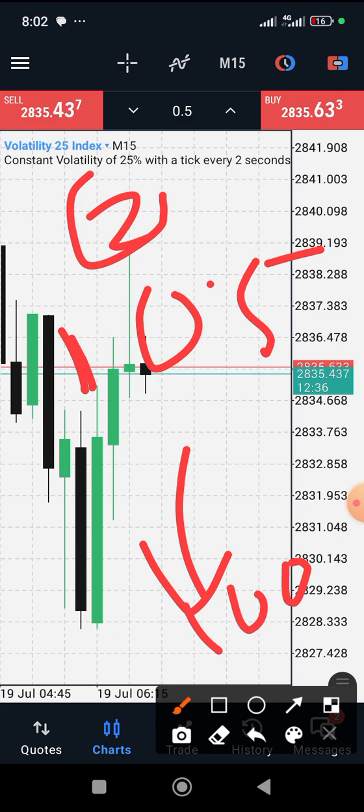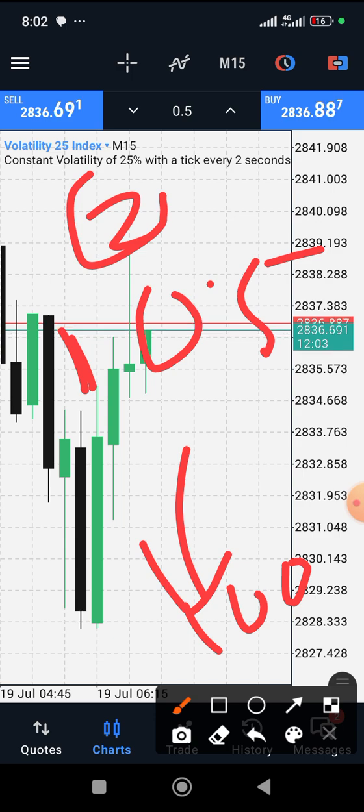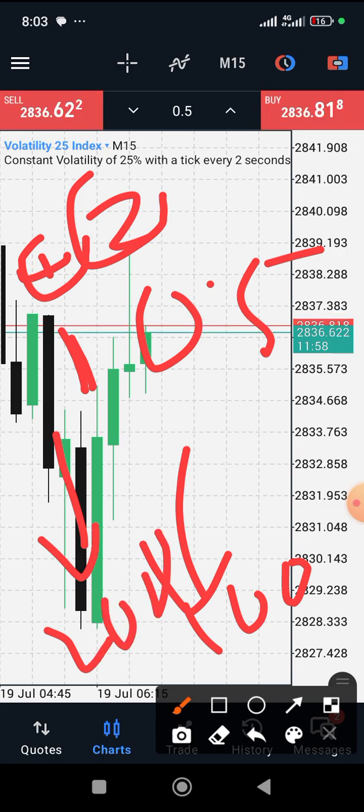That particular trade, where you use 0.5 lot size, risks $2 to make $100. If you use one lot size in that particular trade, you no longer will be risking $2. What you'll be risking is $4 to make what? $200. Do you understand?